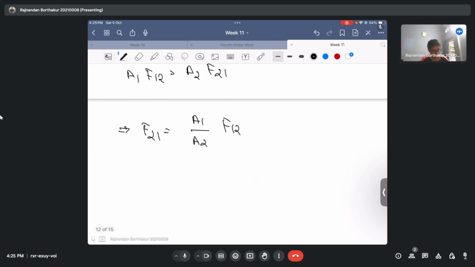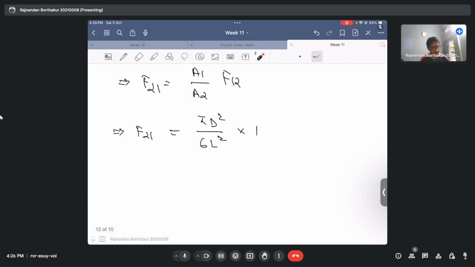Now I know A1 and A2: A1 is just a spherical geometry, which means it would be pi D squared, divided by 6 L squared, times f12, which is equal to 1. I hope this is clear. This is nothing but the surface area of the sphere, and this is the surface area of the cube. Since I know that L is equal to D, this f21 is equal to pi by 6. That's it.